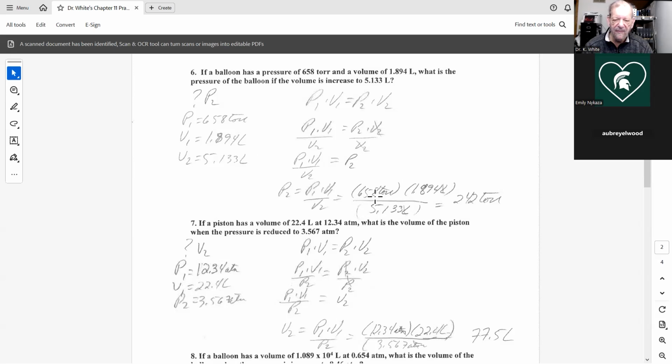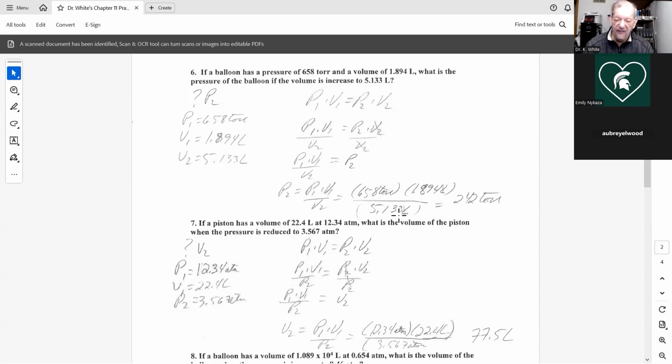And remember, in multiplication and division, you get the same number of significant figures as the number with the fewest significant figures. 658 is 3, 1.894 is 4, 5.133 is 4.